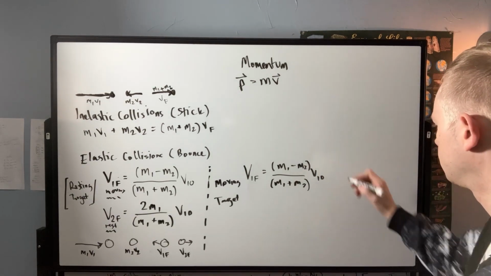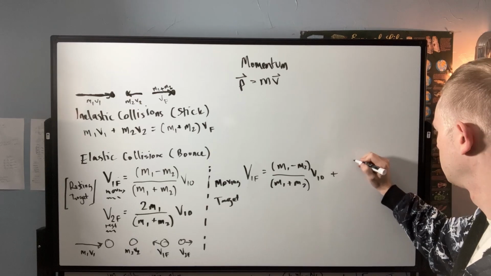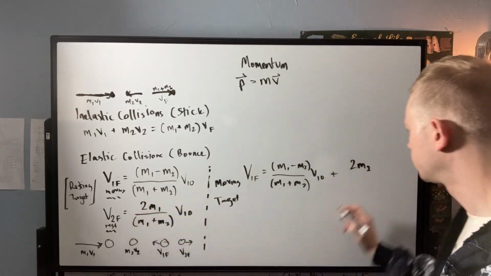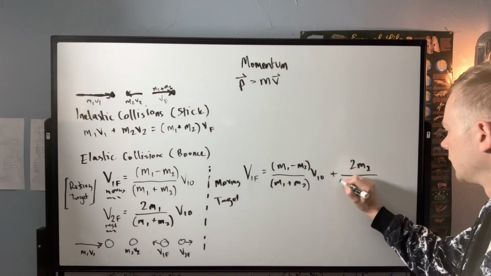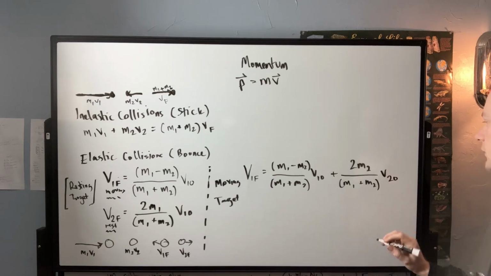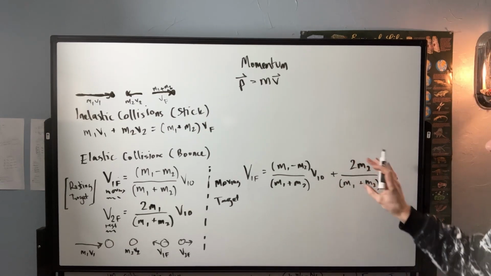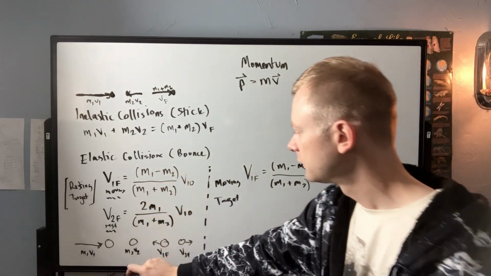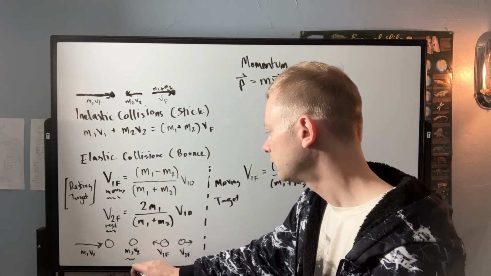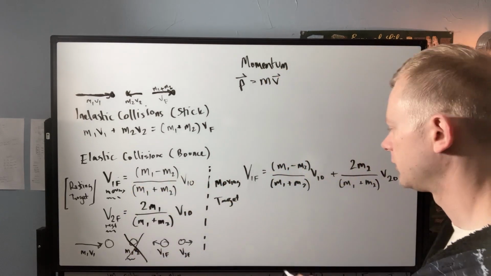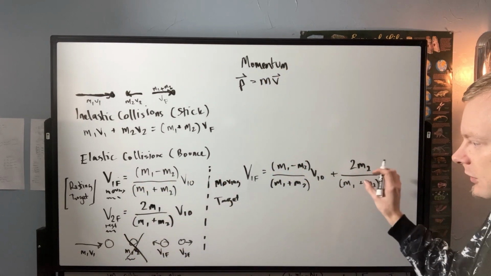But then after that, you're just going to add plus 2M2. It almost looks like that, but it's different numbers. It's M1 plus M2, as usual, but then it's V2, 0. So in this case, we're starting to include what the second ball is doing. Notice in this first case, the second ball is doing nothing. This stuff just cancels out and becomes 0. In our equations, it's gone. But over here, we have to include it.